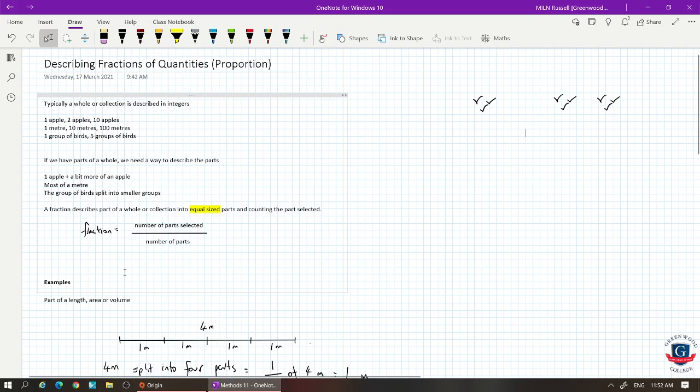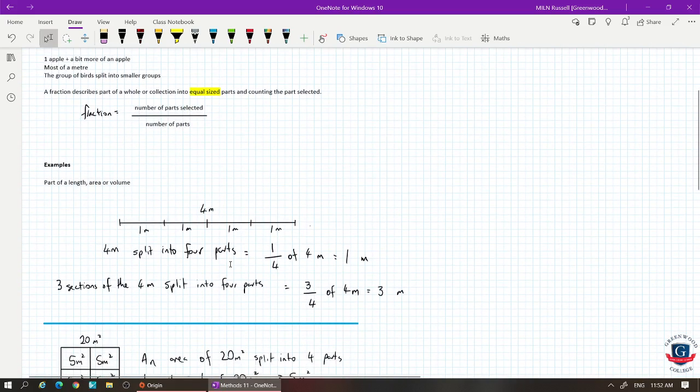So fractions are a great way of doing that, because as we know, it takes the number of parts that we have and splits it into the number of parts we need. And we can do that with length. So if we had 4 meters and we split it into 4 parts, one of those parts would be 1 meter long.